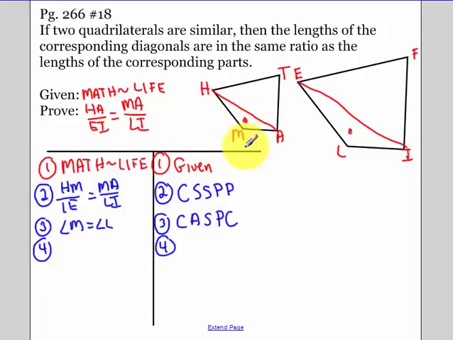Okay, now I can prove those smaller triangles are similar. So triangle HMA is similar to triangle ELI by our side angle side similarity postulate.